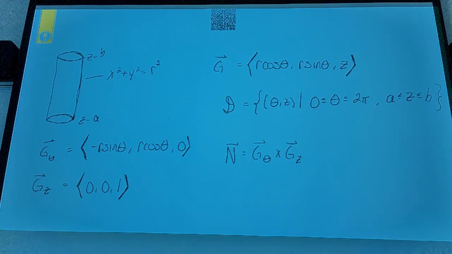Normal vectors, they're cross products. And then we'll just verify if it's outward pointing or inward pointing and make adjustments as necessary.